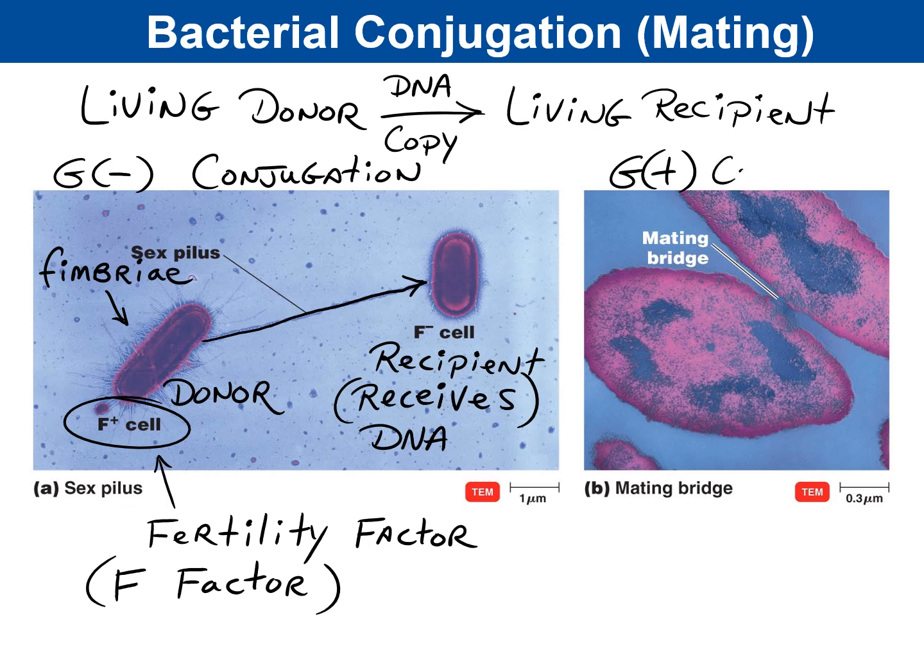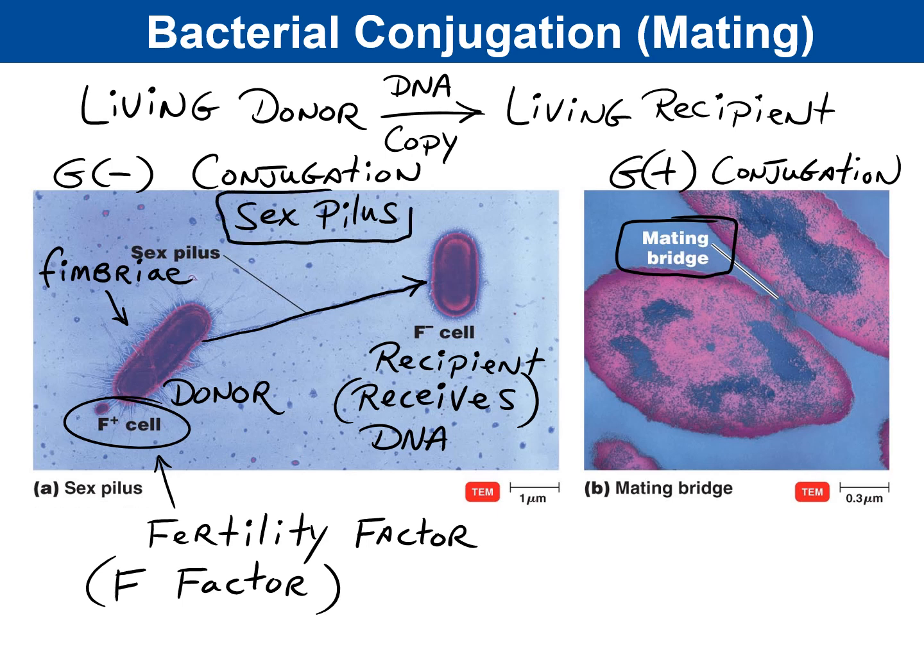This is still an act of conjugation, but via a mating bridge, as opposed to conjugation in gram-negatives, where we see the sex pilus, which will act as a transfer setup.